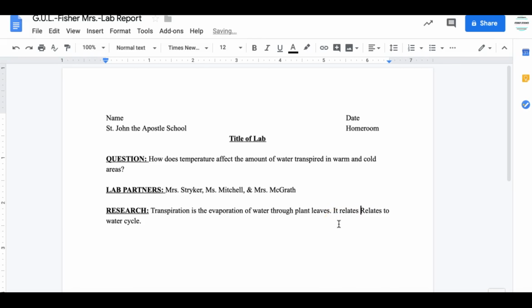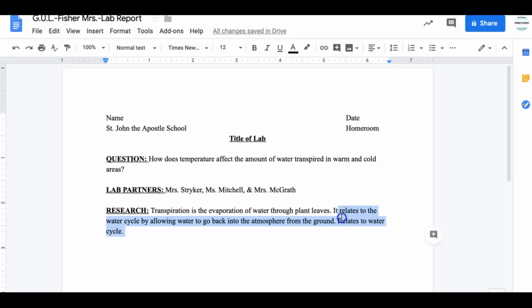It relates to the water cycle. Let's make sure everything's spelled right. By allowing water to go back into the atmosphere from the ground.